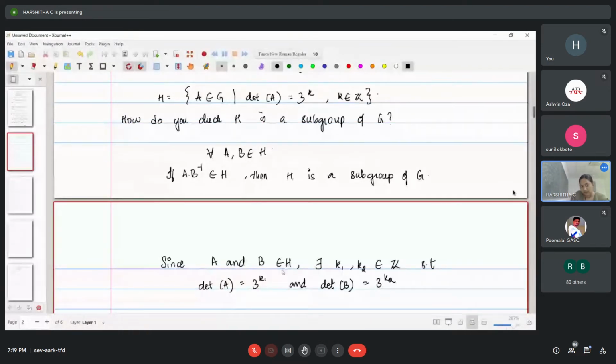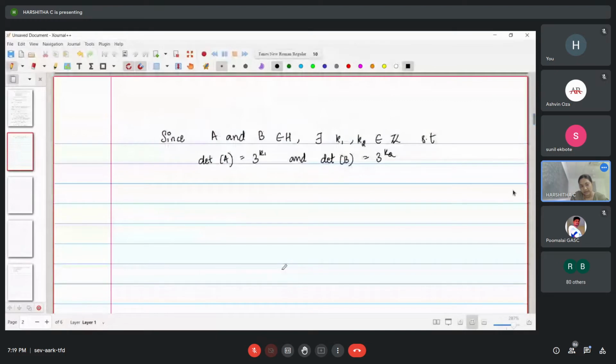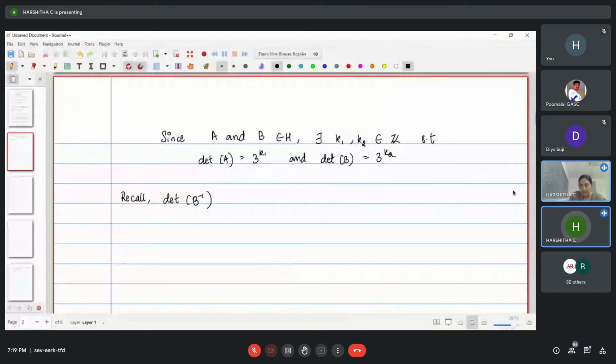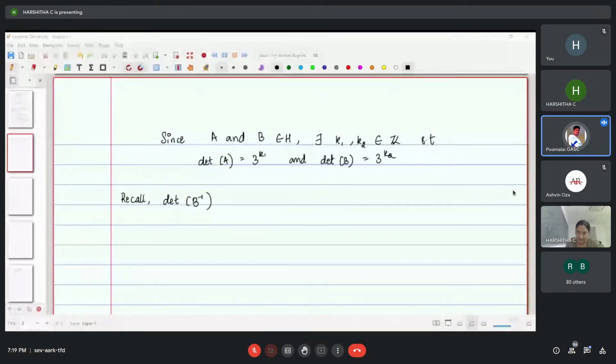Here we'll use one more fact. What is the determinant of A inverse, or in general for any matrix? What is the determinant of B inverse?